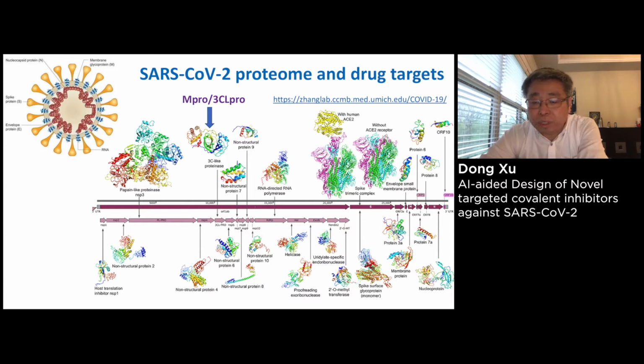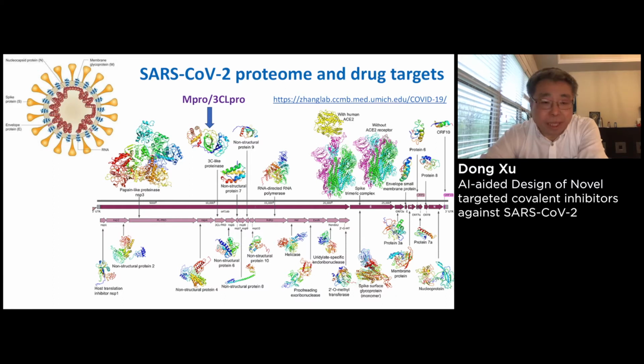Unfortunately, the S protein is not a good drug or vaccine target because it is covered by sugar molecules. Among other molecules, people look into the so-called 3C-like proteinase a lot. Even though it is not expressed on the virus surface, it is very important in the viral process.